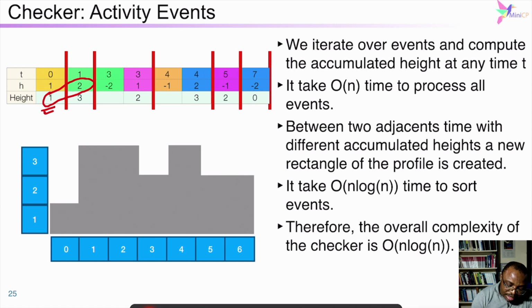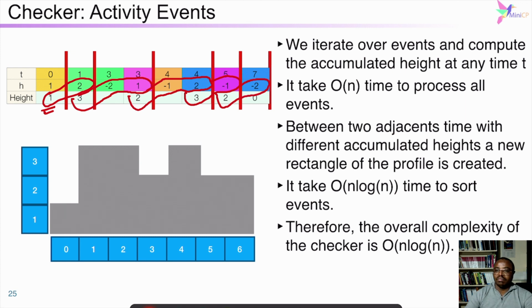At time 3, the height is 3 plus negative 2 plus 1. At time 4, the height is 2 plus negative 1 plus 2. At time 5, the height is 3 plus negative 1. At time 7, the height is 2 plus negative 2.